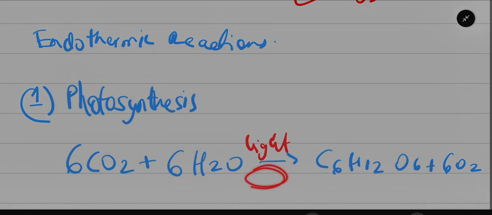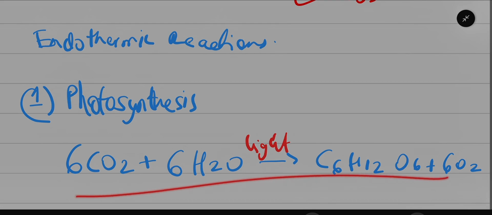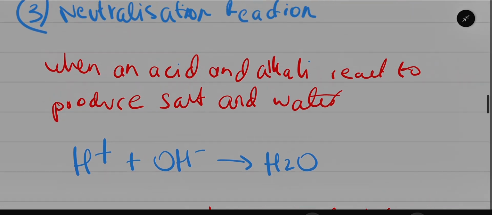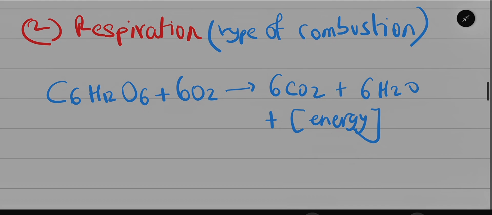Now I know chlorophyll is also present over here in this part of the equation, but this is chemistry, not biology, so we need to keep the two subjects aside. You need light in order to carry out this reaction, hence it is an endothermic reaction. If you notice, this equation is completely opposite to the respiration equation that we solved above.